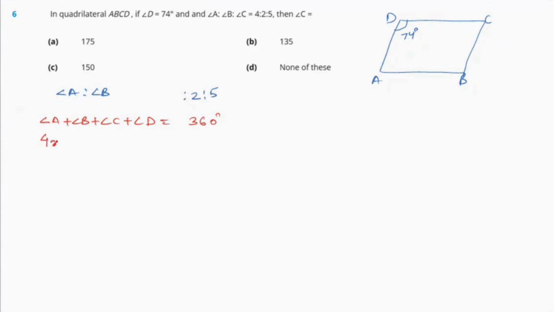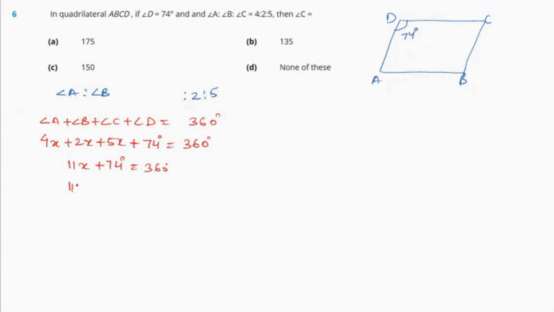So we can take it as 4x plus 2x plus 5x plus 74 degree equals 360 degree. Now we can add all of them together. 6x plus 5x we get as 11x. 11x plus 74 equals 360 degree.